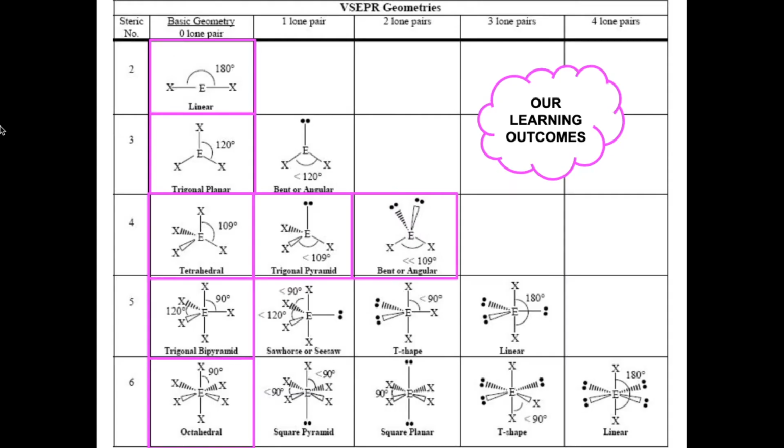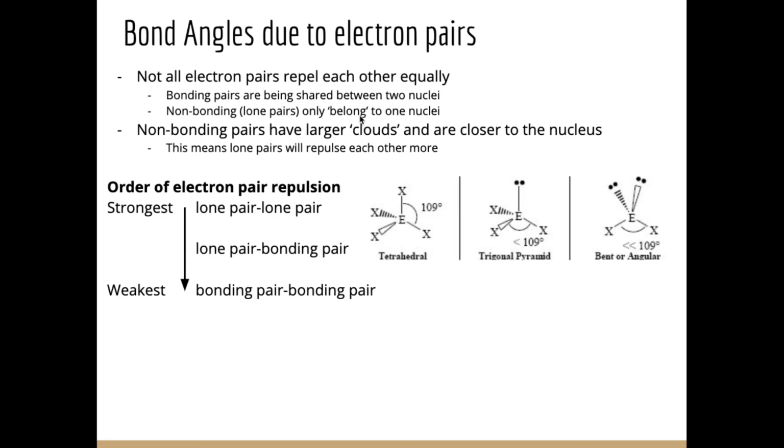Let's look at these ones here. We're going to come back to our trigonal planar, trigonal bipyramidal, and octahedral in a moment. Let's look at these ones where we've got four things around it with varying numbers of bonds or non-bonds. Not all electron pairs repel each other equally.